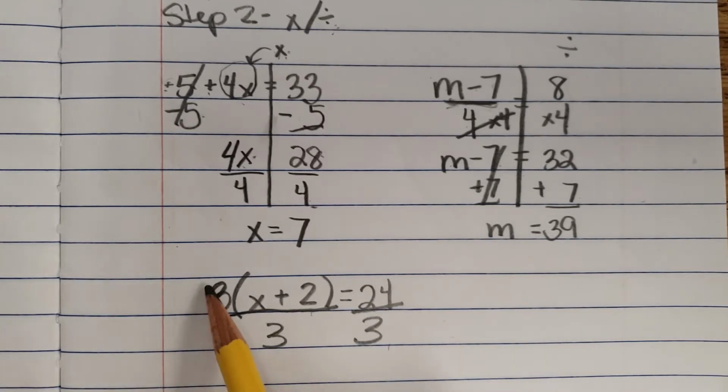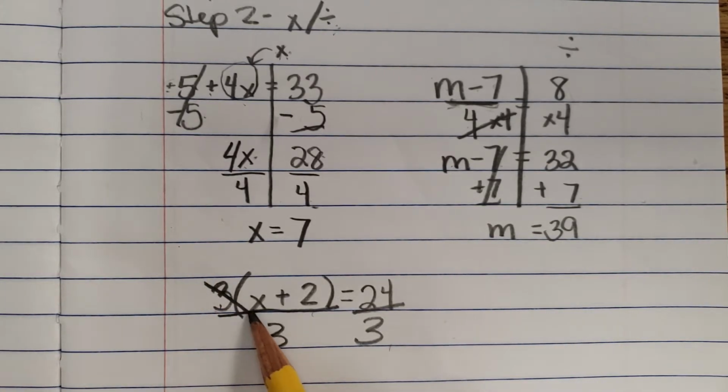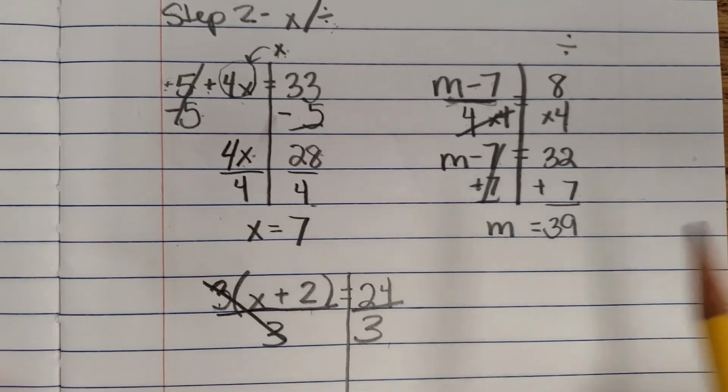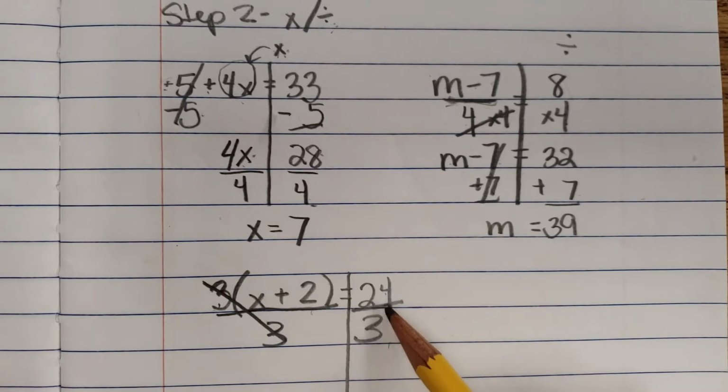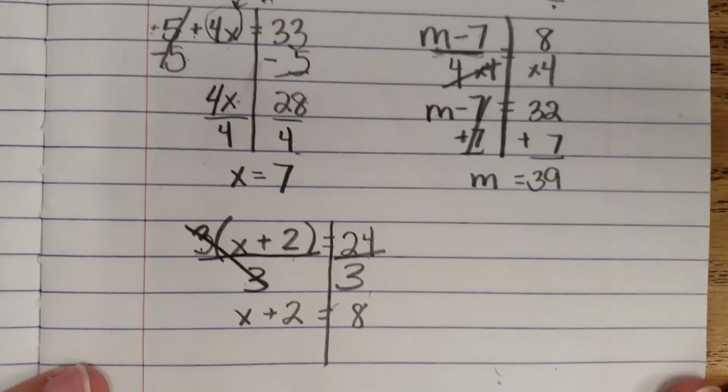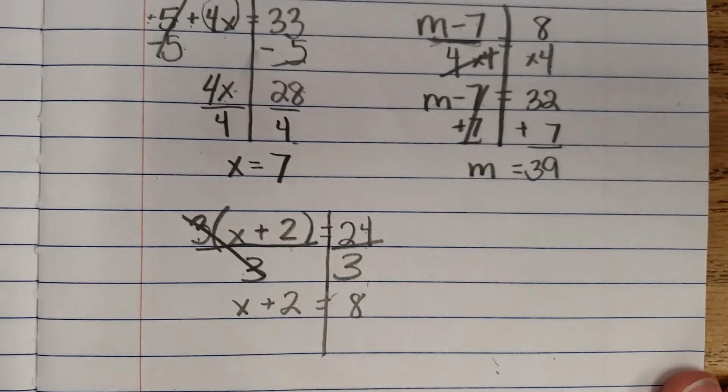Now, with that being said, all that does is just get rid of this 3 on this side. So let me draw our line. Okay. And then we've got 24 divided by 3. Well, 24 divided by 3 is 8. And we've got x plus 2 left. We got rid of the 3, but we still have what's inside this parentheses. But now it can be outside the parentheses because it's not being multiplied by anything.